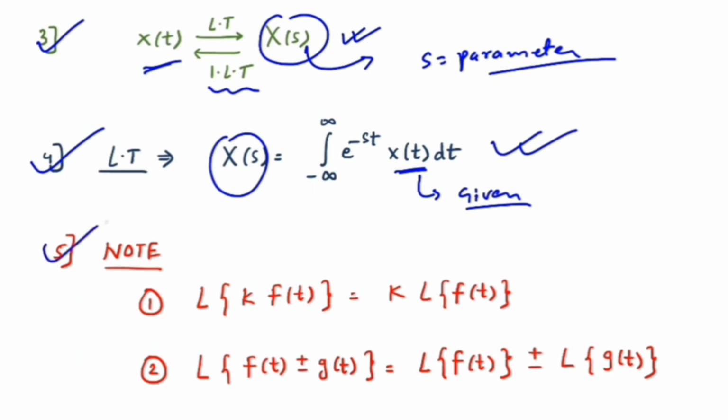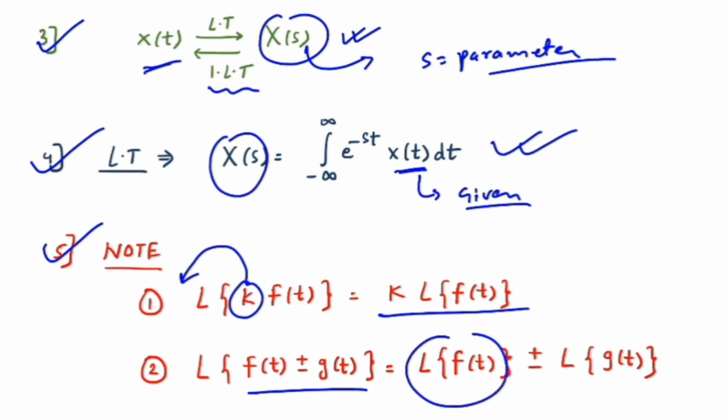But there are some notes you should keep in mind while solving the Laplace transform. The very first point is, if a constant is multiplied to a function, you can take that constant outside, so it would be k into Laplace of f of t. Sometimes two functions are added or subtracted. If that is the case, then you can split it into Laplace of f of t plus or minus Laplace of g of t.